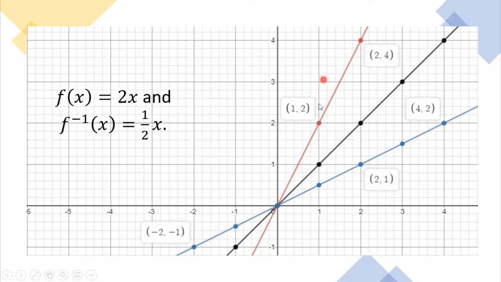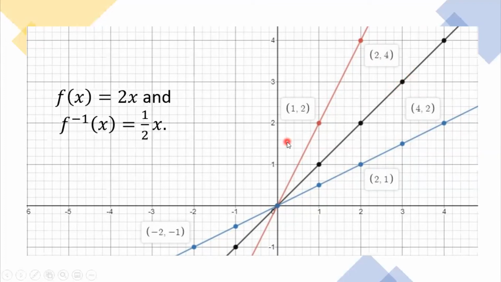Okay, so we recall that this is y is equal to 2x and this is y is equal to 1/2 x. So we clearly see that the two functions are inverse of each other because this graph is a reflection of this graph with respect to y is equal to x.